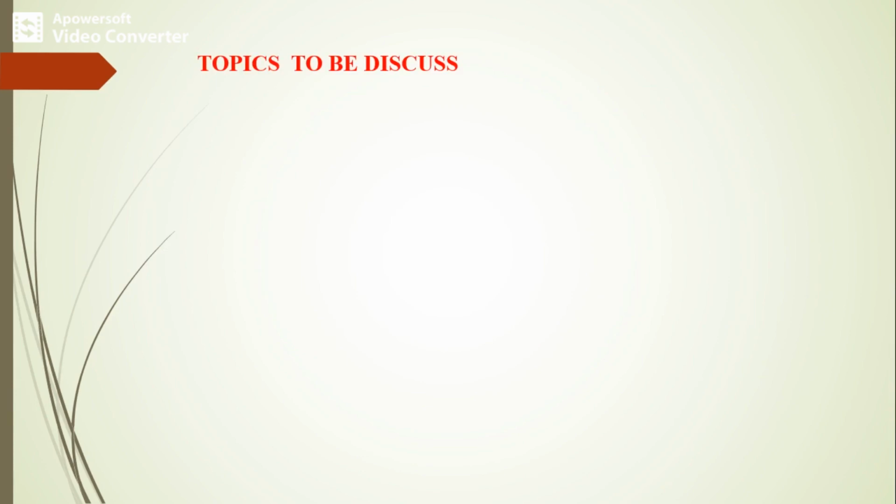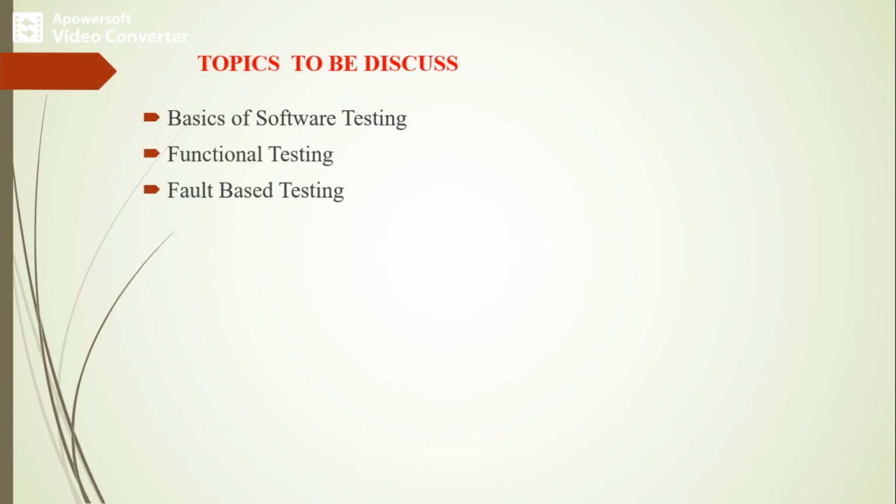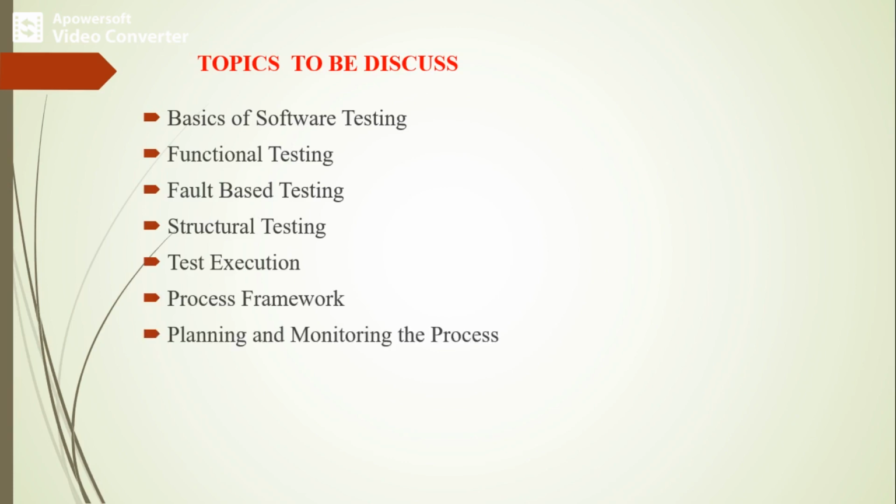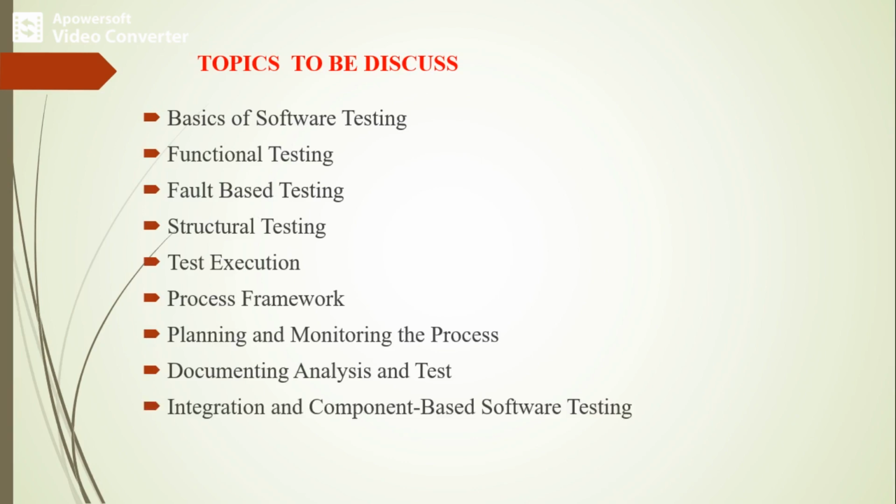Now, what are the topics we are going to cover under this course? We will cover many topics, but a few are as follows: basics of software testing, functional testing, fault-based testing, structural testing, test execution, process framework, planning and monitoring the process, documenting analysis and test, integration and component based software testing, and the last one, levels of testing as well as integration testing.